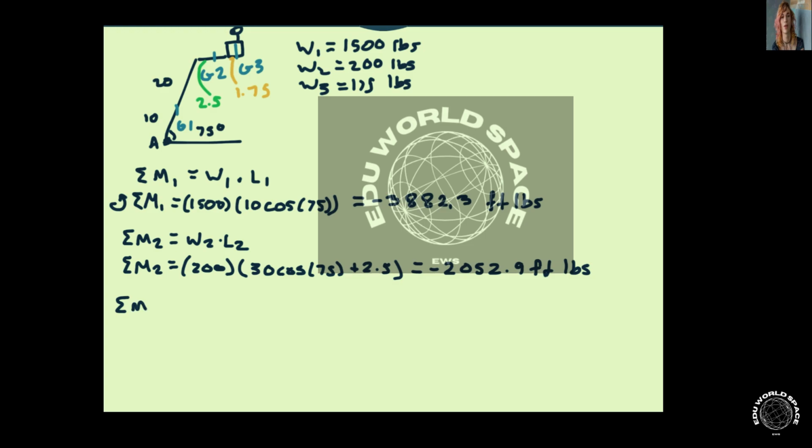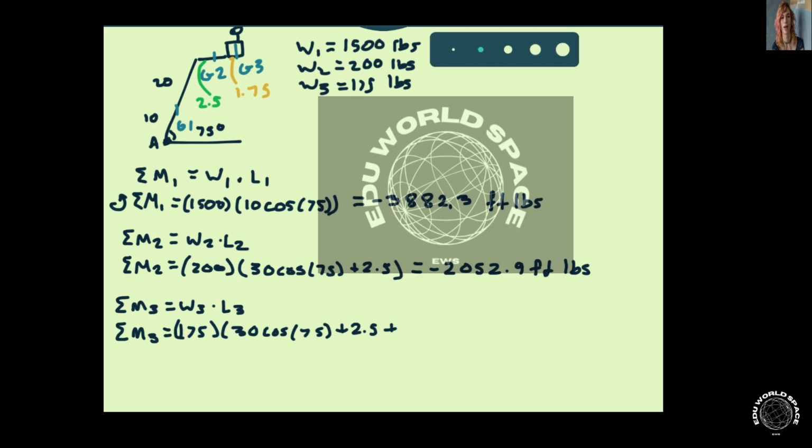Lastly, for the moment at the third point, or the third weight, same logic here. Nothing new. W3 is 175 pounds, times, and here we have to include the 30 cosine of 75 from before, plus 2.5, and now additionally, that short segment, the width of the basket, the 1.75.